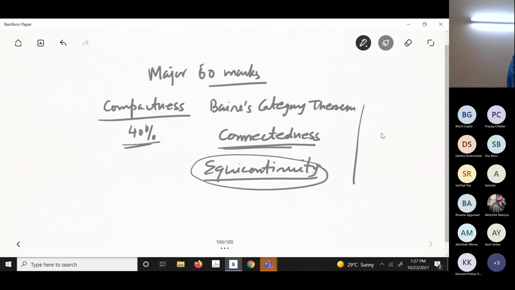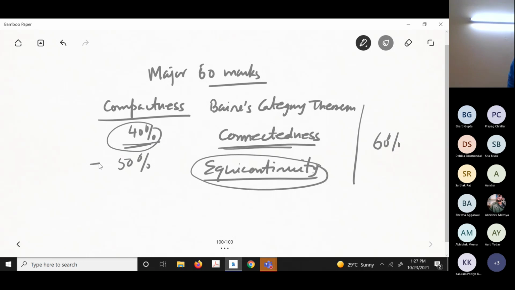So another 60% will come from here. So roughly you can say 20% each. But there will be some variation, because if it is 50%, then it will be less than that. So compactness may even be 50%.